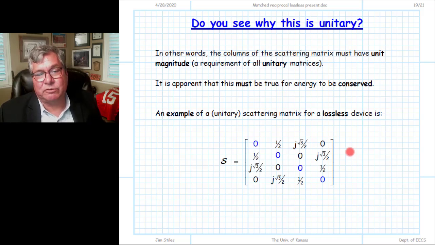In this case, I just want to make sure that you recognize what we mean by a set of mutually orthogonal vectors. So here's the scattering matrix. Here's our column vector 1. Here's column vector 2, 3, and 4. And if we take any 2 of these vectors, take the complex conjugate of 1, it doesn't really matter which one, but only 1, and then multiply on an element-by-element basis: 1/2 times the complex conjugate of 1/2 times 0, plus 0 times this, plus 0 times that, times the complex conjugate of this times 0.